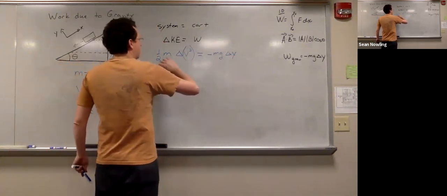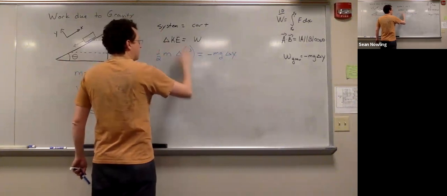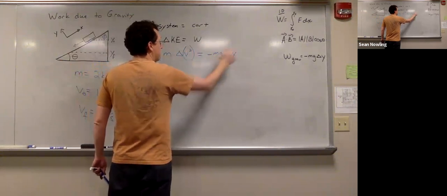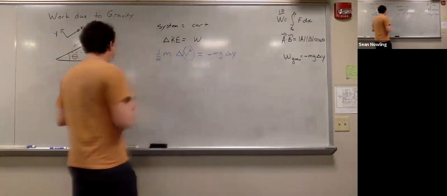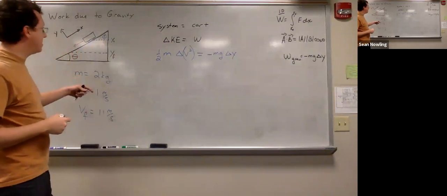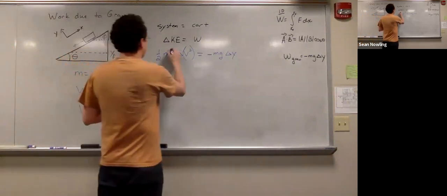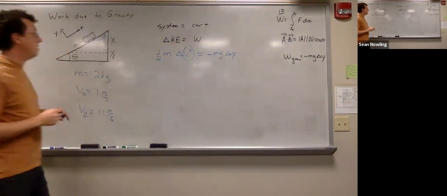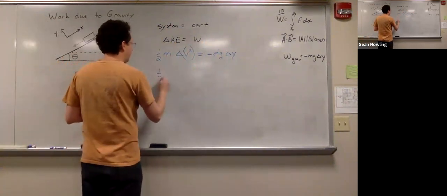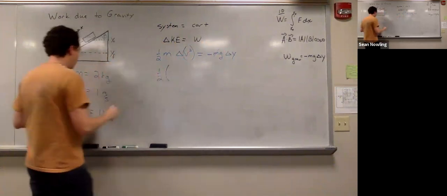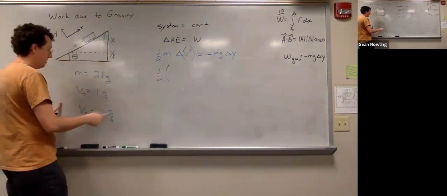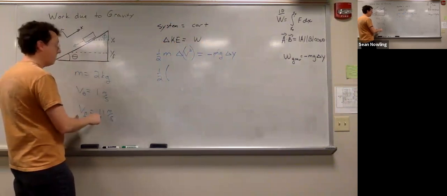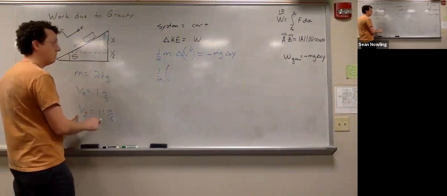Okay, so I have 1/2 the mass times the change in velocity squared equals minus mg times delta y. In fact, the mass actually cancels out. I don't know why I even gave that to you. You end up with 1/2 the change in velocity squared. The final velocity squared is going to be 121.